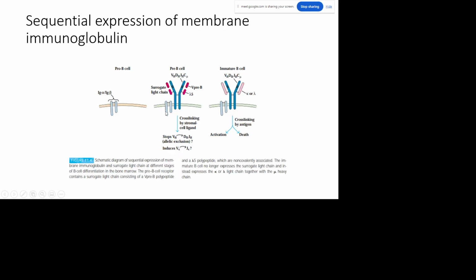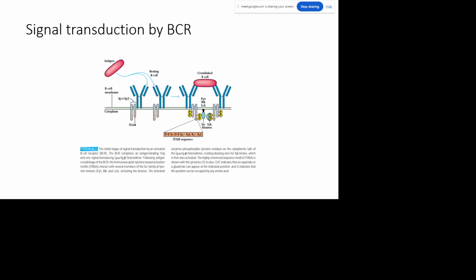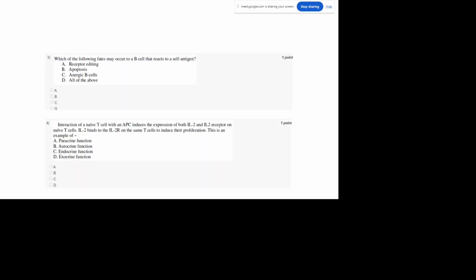Next: which of the following fates may occur to a B cell that reacts to a self antigen? It can undergo receptor editing, it can die by apoptosis, and it can become an anergic B cell. So the answer is all of the above.